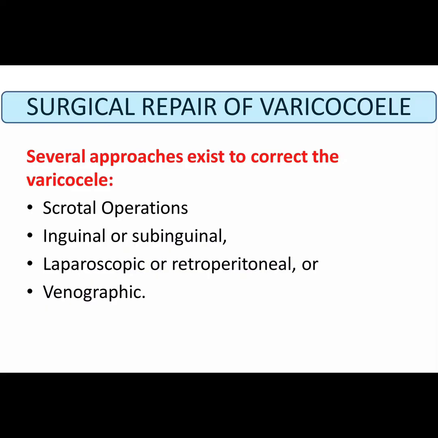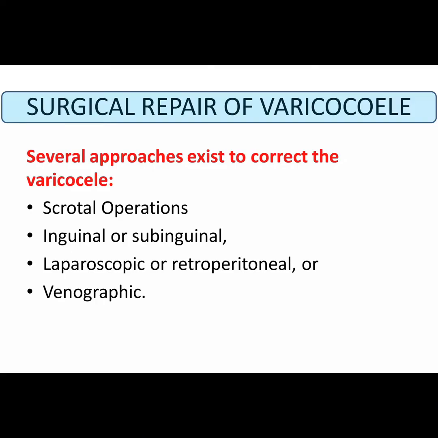Then the open abdominal or retroperitoneal Palomo approach. Then the open inguinal varicocelectomy, also called the Ivanissevich technique. And then subinguinal or inguinal microsurgical varicocelectomy. The open inguinal approach is called Ivanissevich, the open suprainguinal approach is called Palomo, and the subinguinal microsurgical technique is also called the Marmar or Goldstein technique.